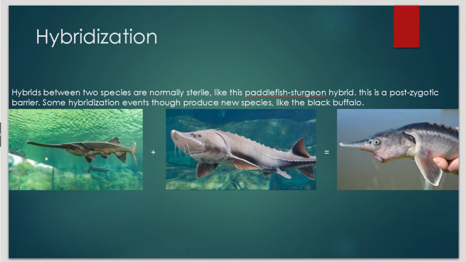Yes, hybridization. So speciation isn't always about one species becoming two. Sometimes you can have two species who become one. Now, in this example, that's not what happened. This is a monstrous hybrid between paddlefish and sturgeon, which I don't even know how this happened. This is just crazy.